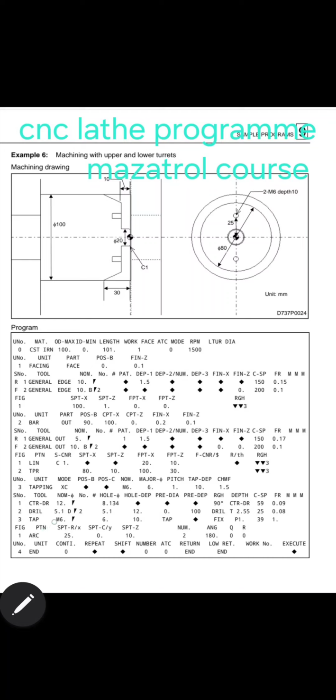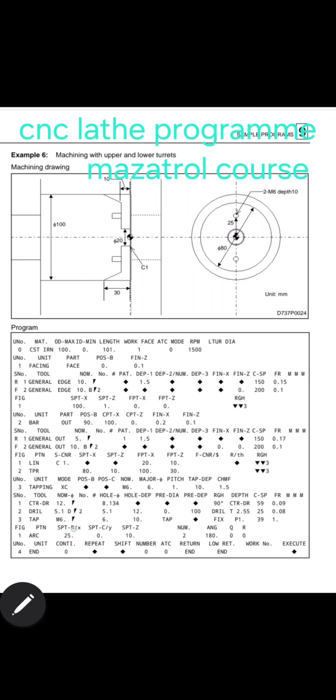Drill with drill 5.8, and hole diameter 5.1, hole depth 12, pre-diameter 0, pre-diameter 100, drill 2.55 and speed 25 and configuration 0.08.